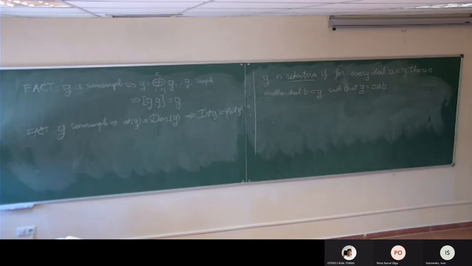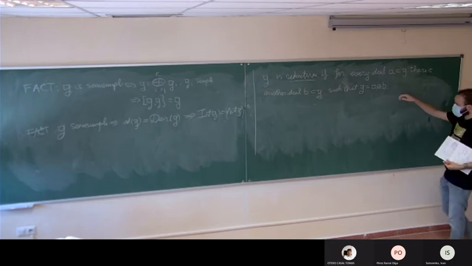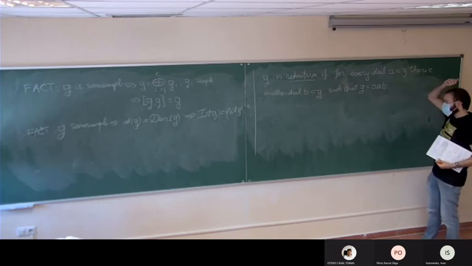So this property is that for an ideal we can split G as the sum of A and another ideal which can be chosen for B.